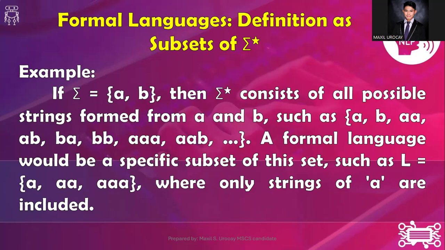A formal language would be a specific subset of this set, such as a language where only strings of a are included. So in our automaton, we're able to play with that if there is a set of alphabet a and b. If we have a string over the alphabet, with the Kleene star it can be written as zero or more a or b.